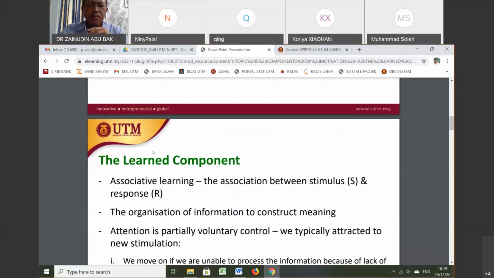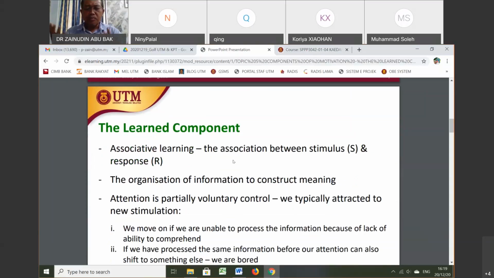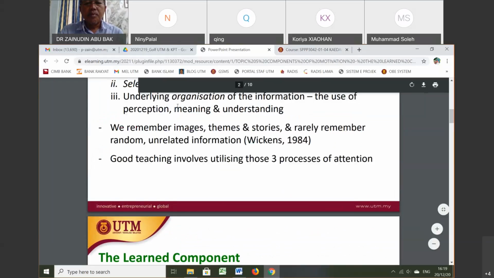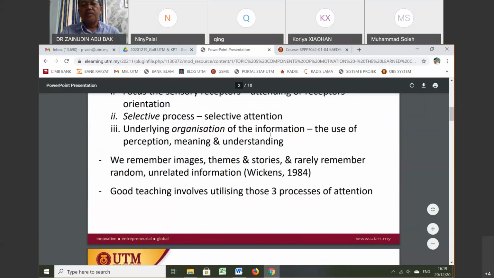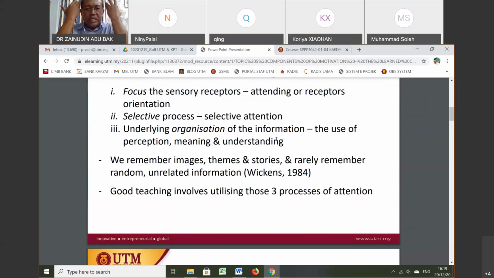And then, looking back to this, why does giving a specific stimulus sometimes not create the expected responses from the learner? Because it involves the organization of the information. The way people connect the incidents or situations happening around them to their thinking processes, their understanding, their perception, how they create understanding is different from one person to the other.